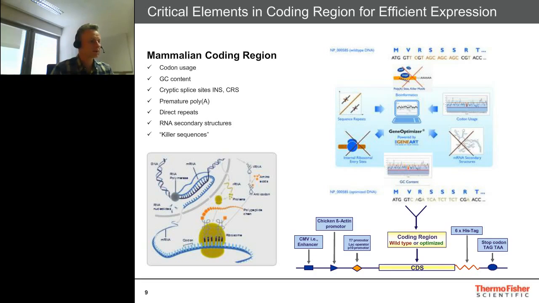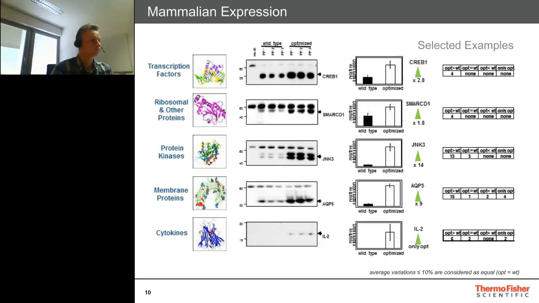Now back to the study. Doing all this optimization approach with the Gene Optimizer, we compared wild type and optimized gene, as I said, in HEK 293 cells, and we did triplicate transient transfections for the wild type and for the optimized genes, and compared the expression levels using an internal gene for normalization.